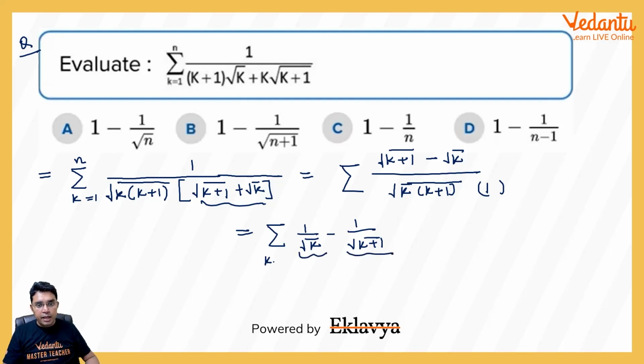And if you start writing k as 1, 2, 3 up to n, you can now do it yourself. I need not do it. Let me just tell you the answer. In fact, if you understand this concept, you can write the answer directly, because this 1 will remain from the first term, minus 1 upon root n plus 1 will remain from the last term. So that will be the answer. So I think B should be the answer here.